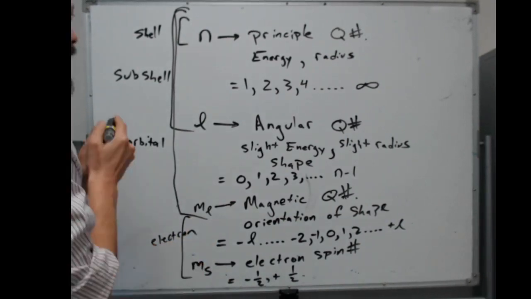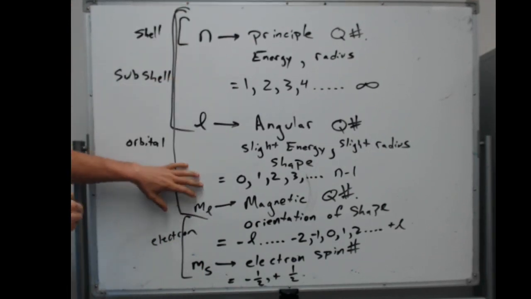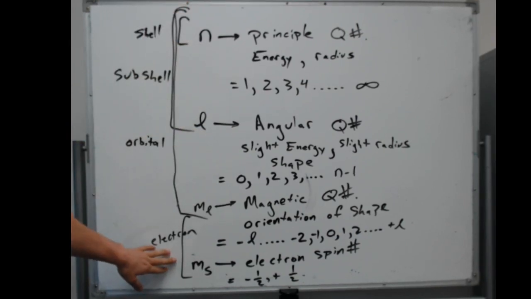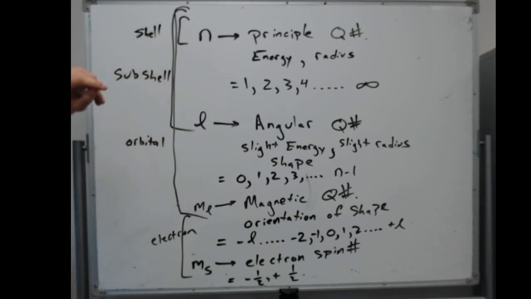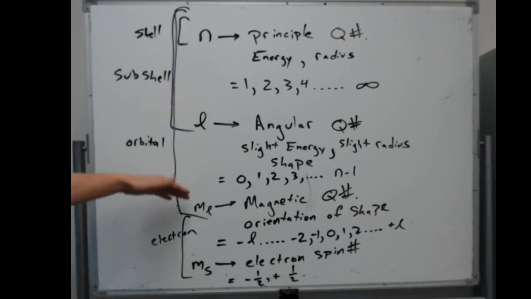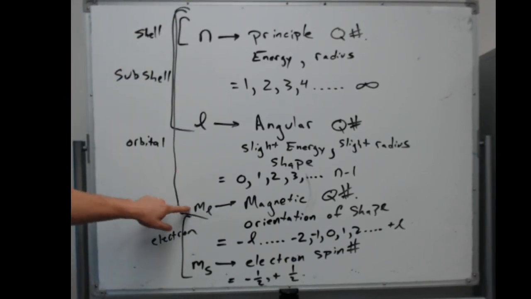So interestingly, we can look at these three as being in reference to the atom and the space around the atom, and this one being in reference to the electron that's interacting with the atom. I like to think about it in terms of an analogy: n, L, and m sub L are the address to a house. You've got the city, the street, and then the house on the street, right?